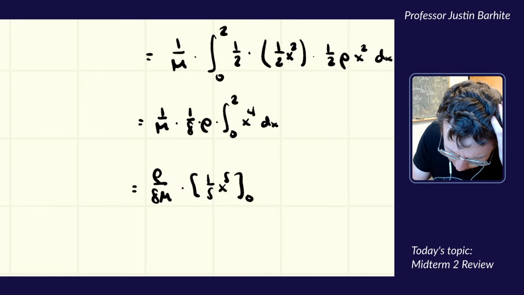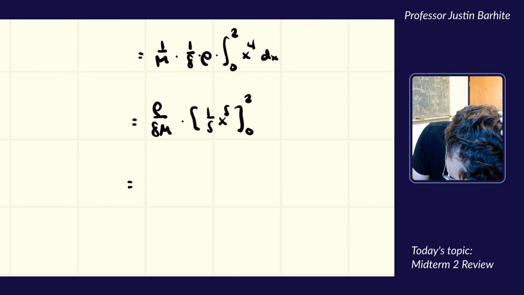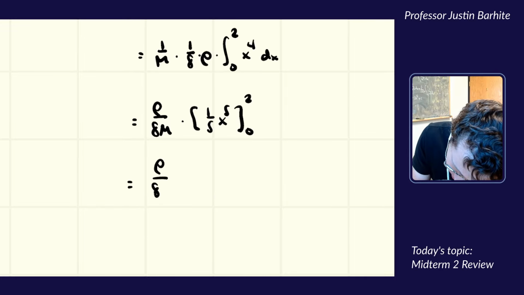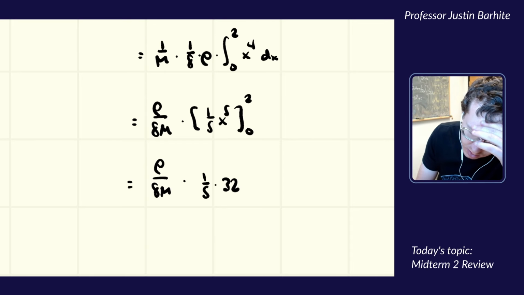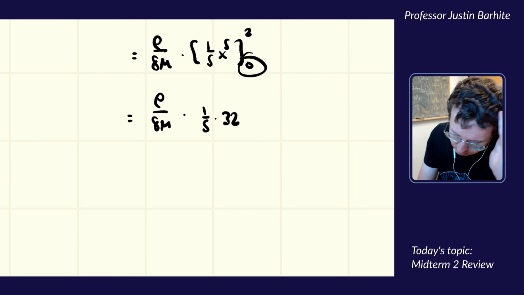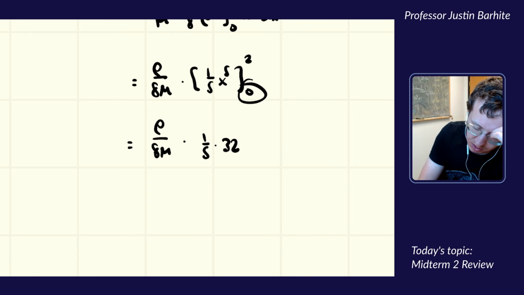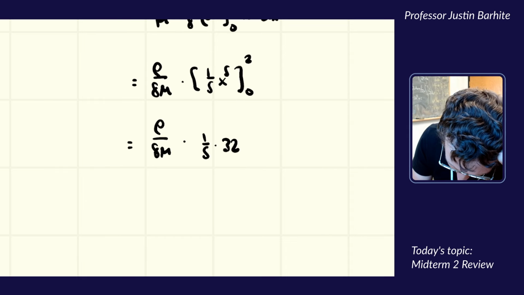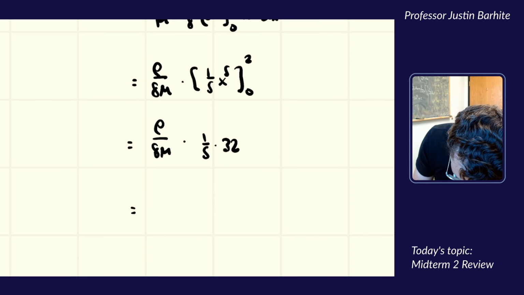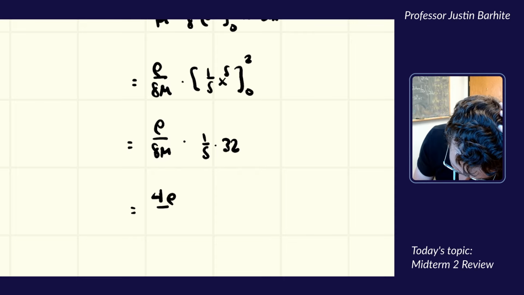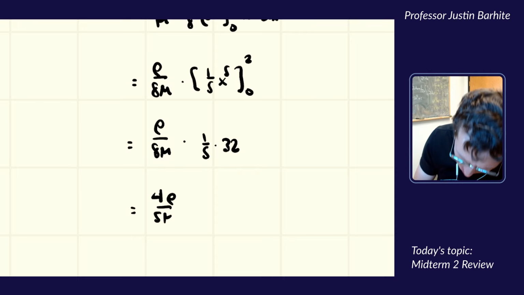I integrate from 0 to 2. It gives me rho over 8m times 1/5 times 2 to the 5th, which is 32. Again, I've thought about plugging in 0, but that gives me 0. 32 over 8 is 4, so I get 4 rho over 5m.